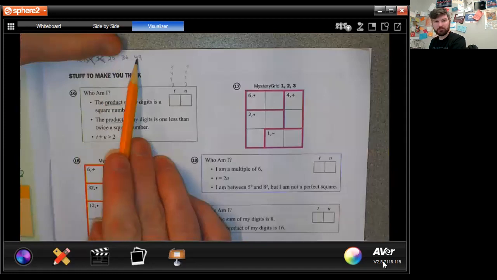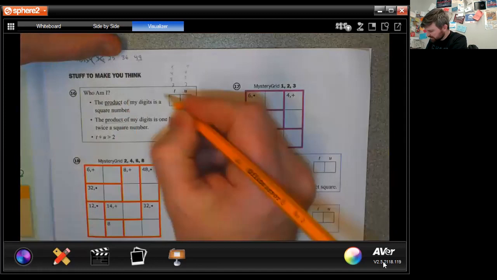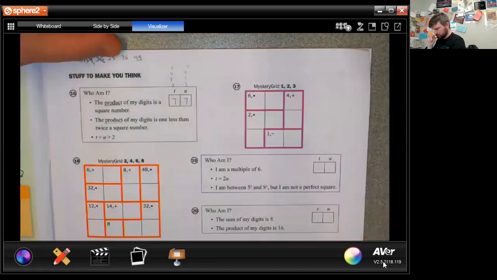And 49 is a square number. Okay. So the product of my two digits must be 49, which means that 7 and 7 are your numbers.